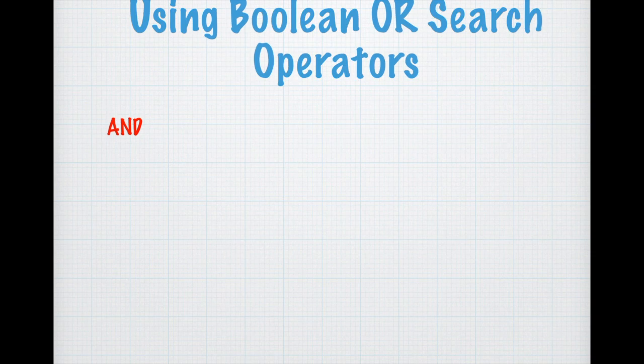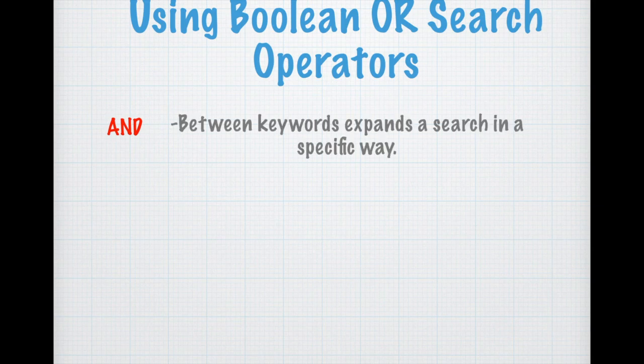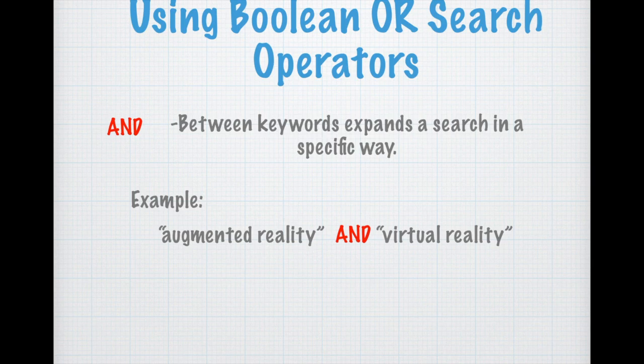So when you use Boolean or search operators, for example, we're going to explain how to use AND. When you use AND between keywords, it narrows a search in a very specific way. For example, if I had the words augmented reality AND virtual reality, my search results would bring both of those two terms entered in each result.